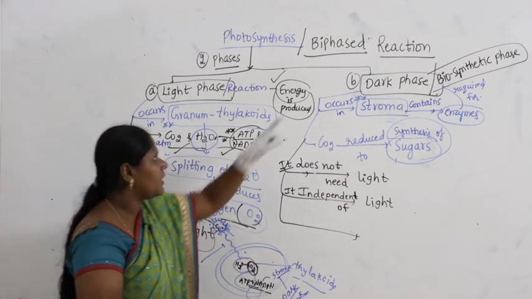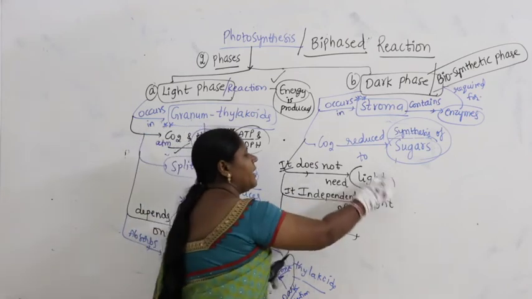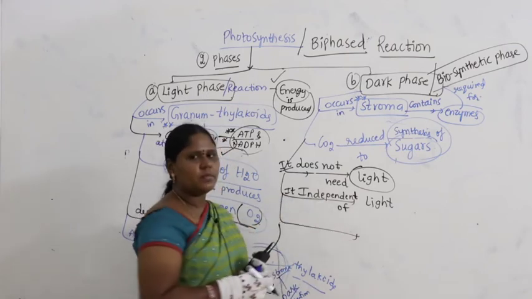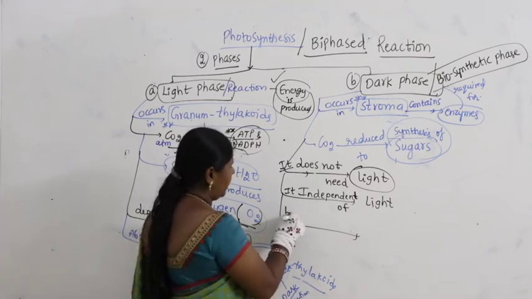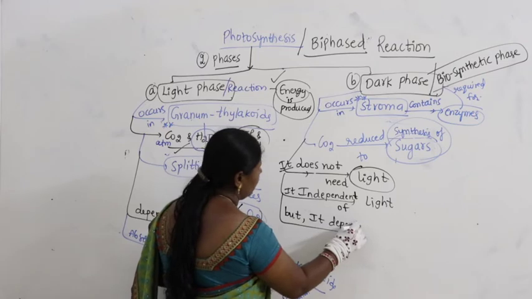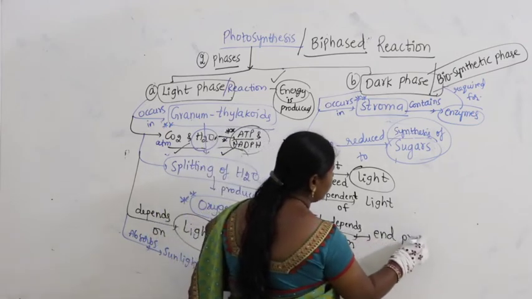with the statements. Dark phase, it does not need light, that means it happens in the light as well as in the dark. It is independent of light, even though it is not dependent on the light, but here it depends on the end products of light.